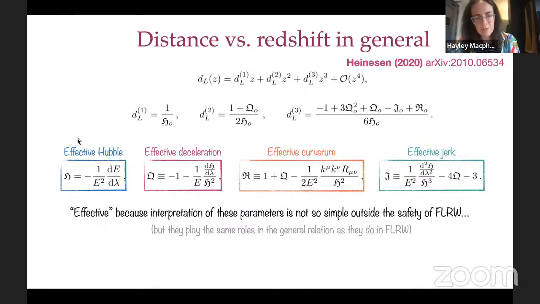And the reason we say effective is because while these parameters do sit in the same place in this Taylor series expansion as their FLRW equivalents, so for example, the Hubble parameter enters in this well-known z equals H0 d first order Hubble law relation here, and similarly for all the other parameters, their interpretation, once we abandon the FLRW model, is not so simple as what we're used to.